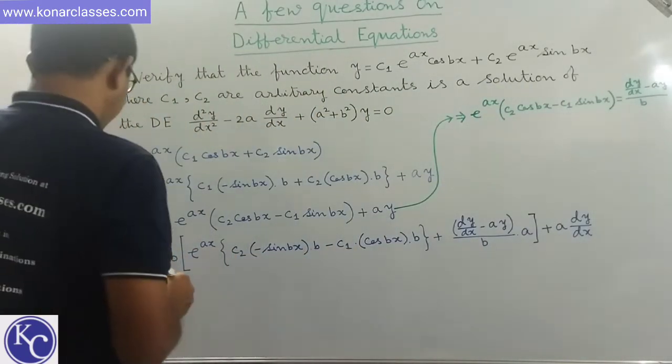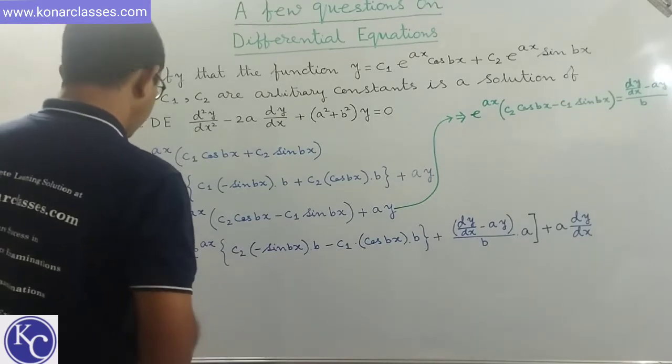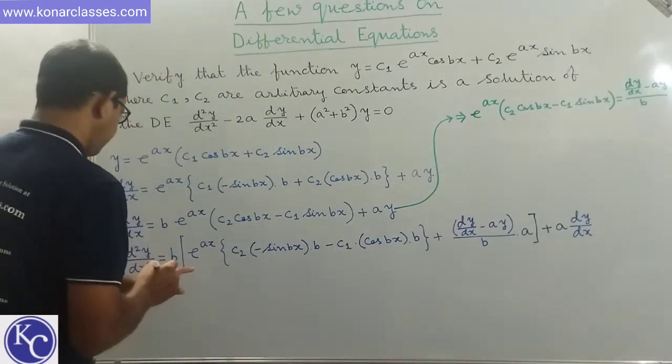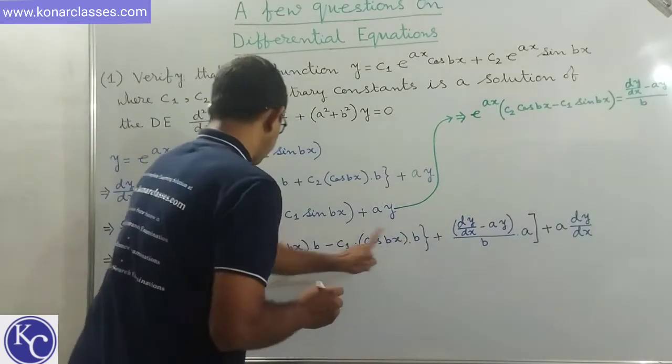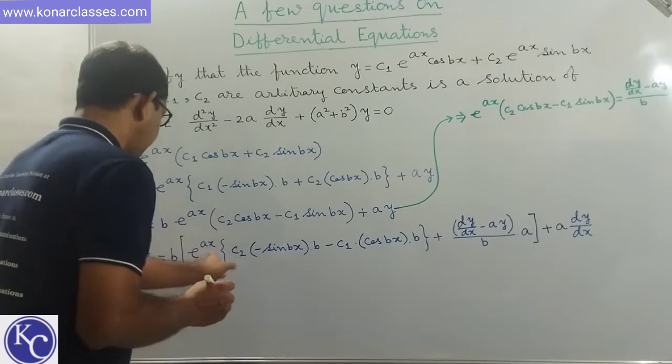So now let's simplify further. What we are going to get, dear students, is that this b and this b we can take out, and it will be b square with this expression.